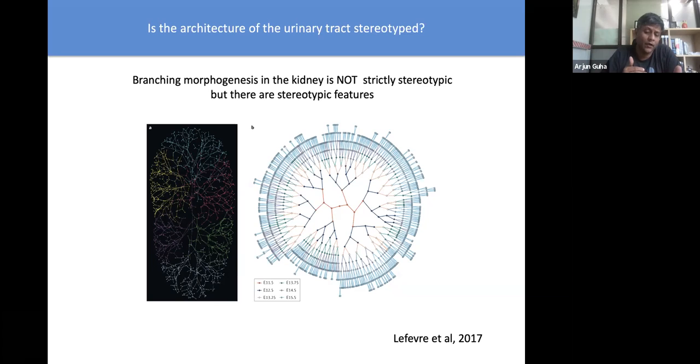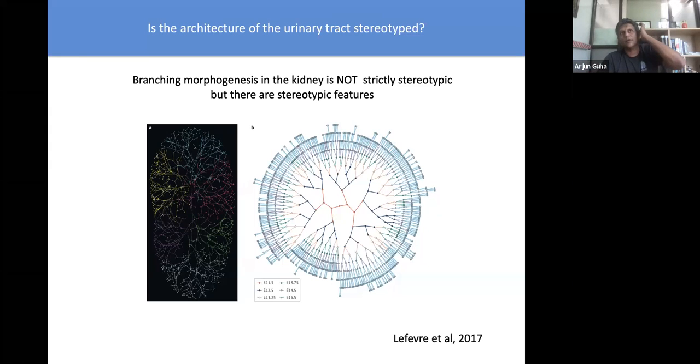So instead of going from one branching subroutine to another, it completely skips the intervening subroutine and goes directly to the final subroutine. So these things do happen. And of course, he also pointed out that across strains, there can be differences in the extent of branching along specific branches. But overall, the pattern is stereotyped.